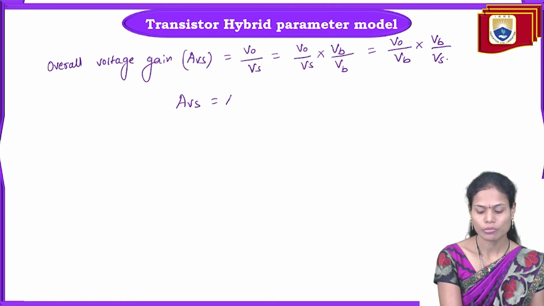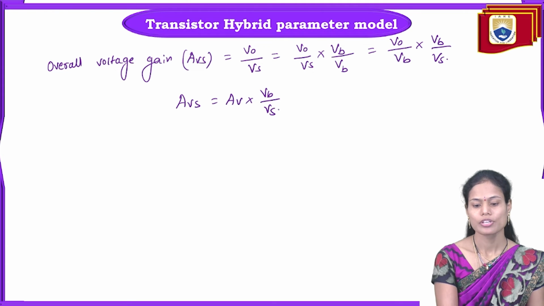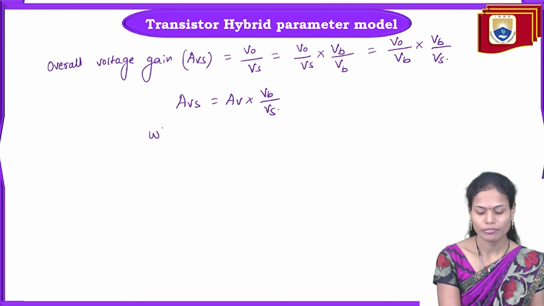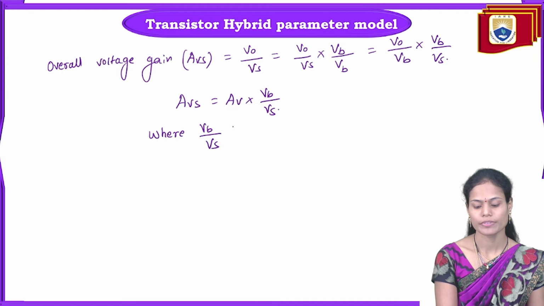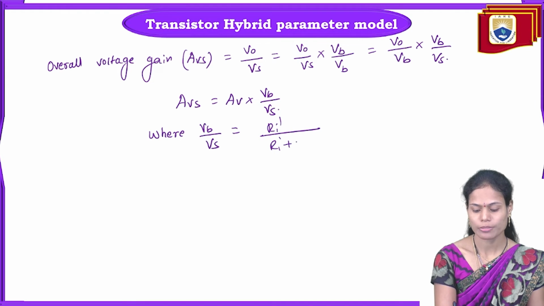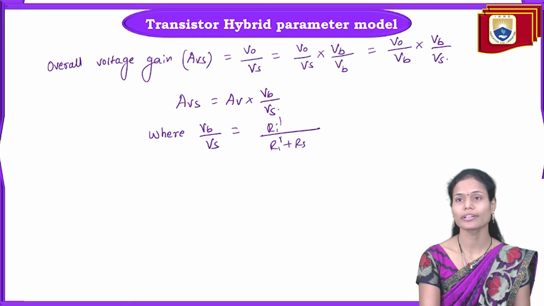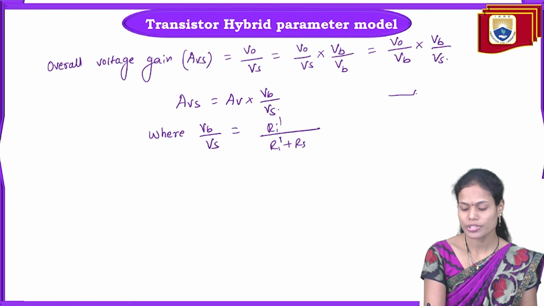So AVS is equal to AV into VB by Vs. We have to find the VB by Vs value, where VB by Vs is equal to Ri dash by Ri dash plus Rs.